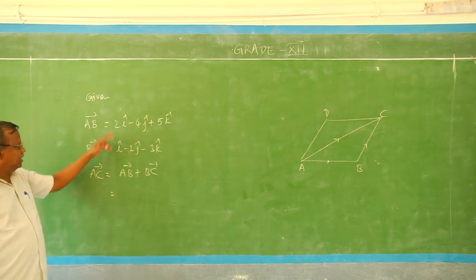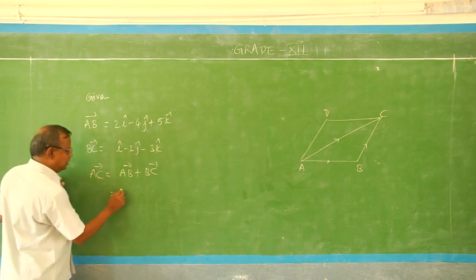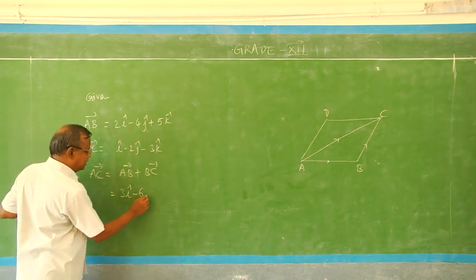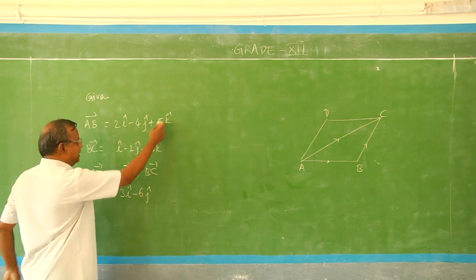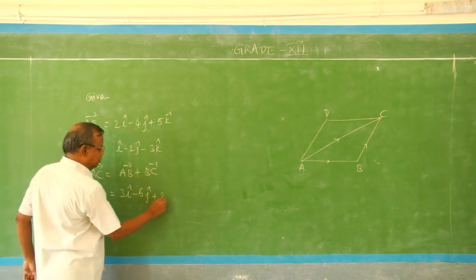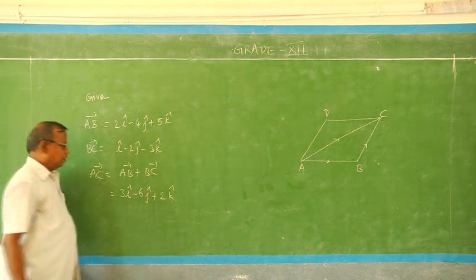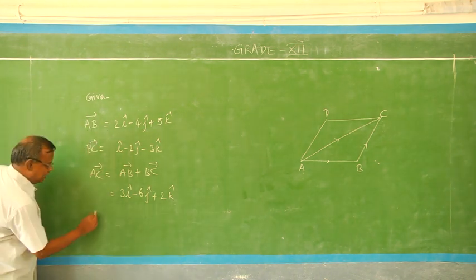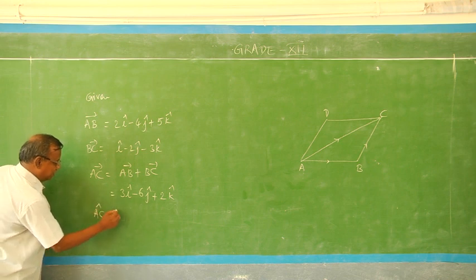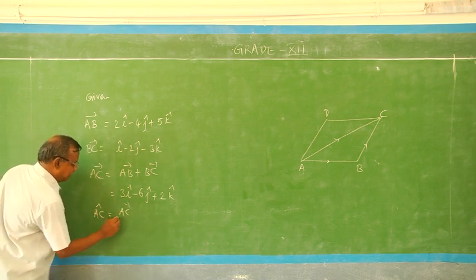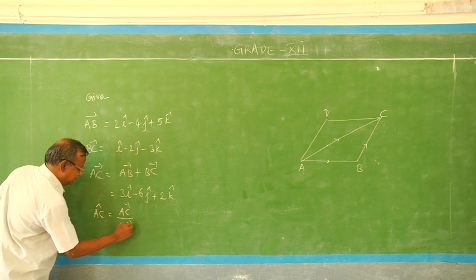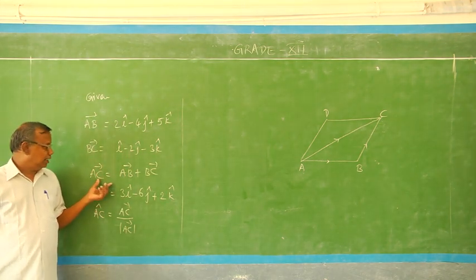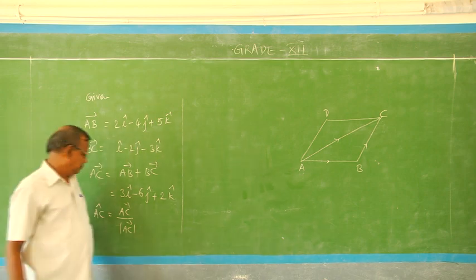AB vector plus BC vector: 2i plus i equals 3i cap, minus 4j minus 2j equals minus 6j cap, plus 5k minus 3k equals plus 2k vector. Now we need a unit vector parallel to this, that is AC cap, which is AC vector divided by modulus of AC vector. So this is the unit vector parallel to the diagonal AC.